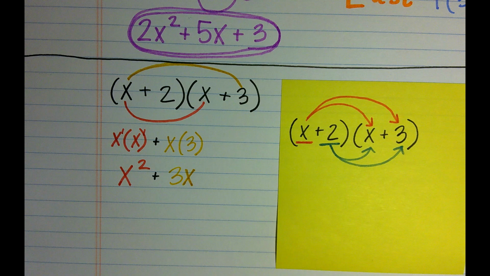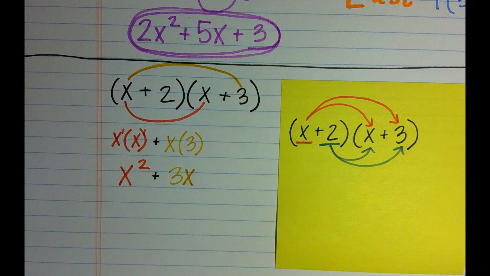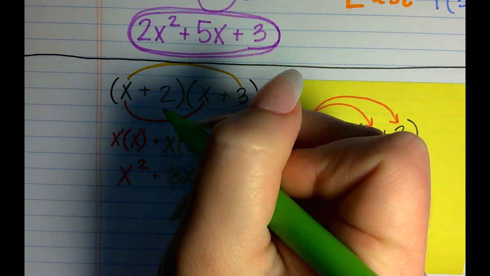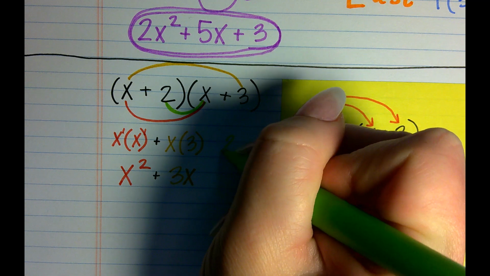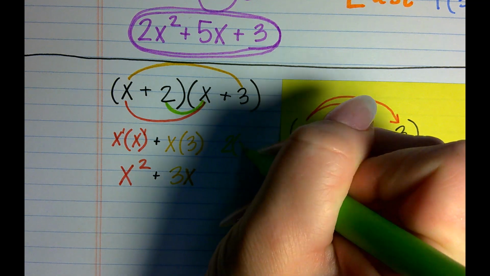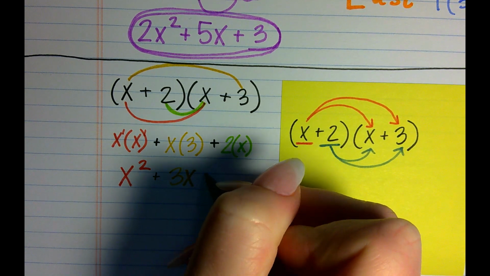Well, I'm going to put it up there for you in case it helps. But we did our first terms, our outer terms. Now we'll do our inner terms, which is what 2 things do we multiply? 2 and x. 2 and x, perfect. So 2 times x, which gives us what? 2x.